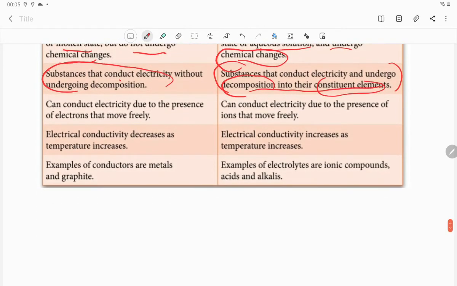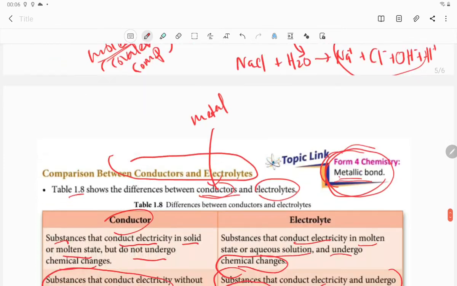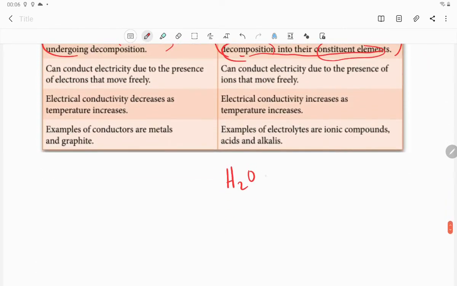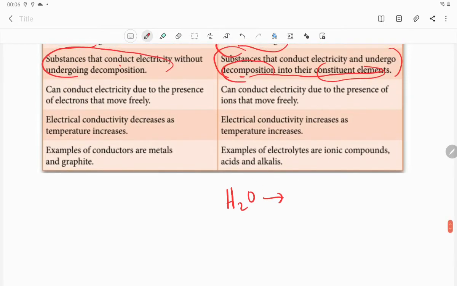Maksud dia bahan itu decompose, dia akan mengurai. So let's say electrolysis of water. In electrolysis of water, water will break into its constituent elements, original dia hydrogen dan oxygen.